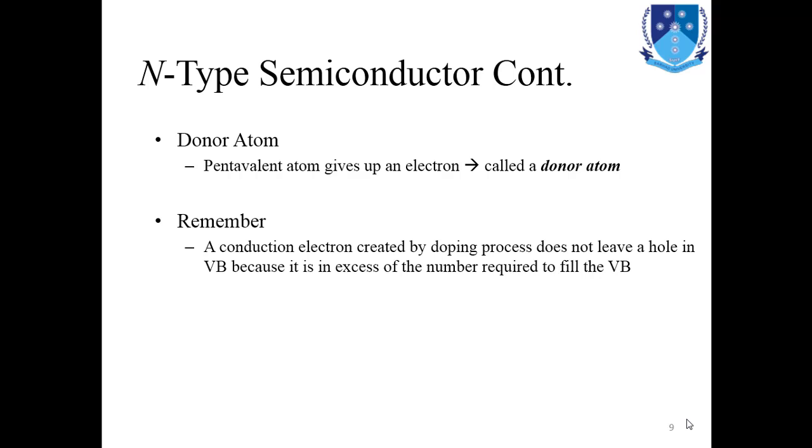Remember that the conduction electron created due to the doping process does not leave a hole in the valence band, because it is in excess of the number required to fill the valence band.